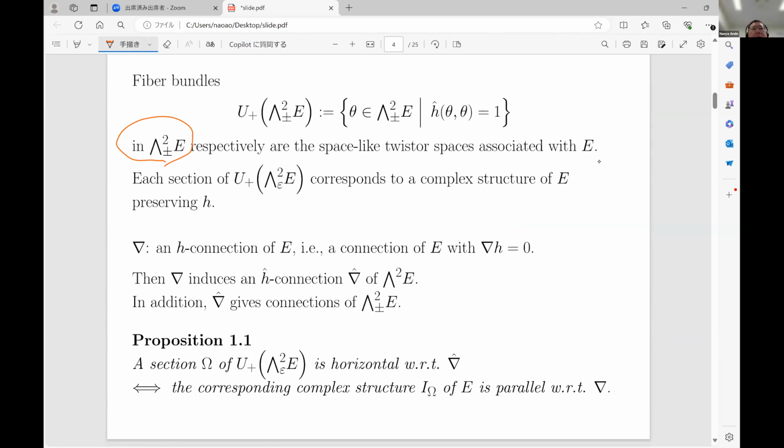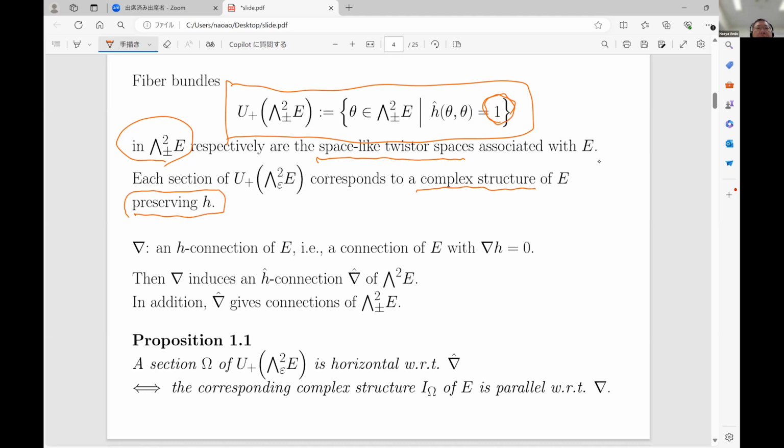In these subbundles, we consider such fiber bundles. Notice that this is 1. These fiber bundles are the space-like twistor spaces associated with E. Each section of a space-like twistor space corresponds to a complex structure of E preserving H. This means that H is Hermitian with respect to a complex structure.